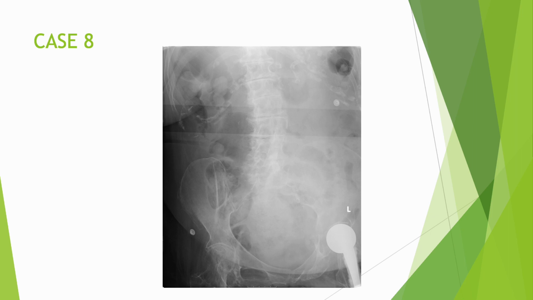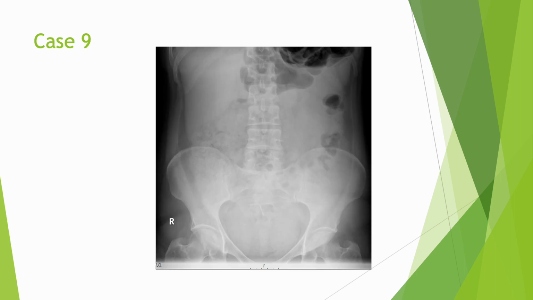And with the degenerative changes at the lumbar spine, you can see that there's a severe loss of disc height and joint space narrowing. But the bowel gas pattern in this image is unremarkable. There's no signs of obstruction and no obvious pneumoperitoneum.